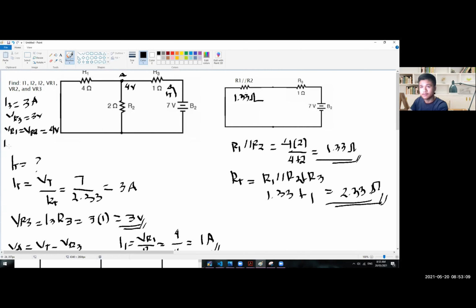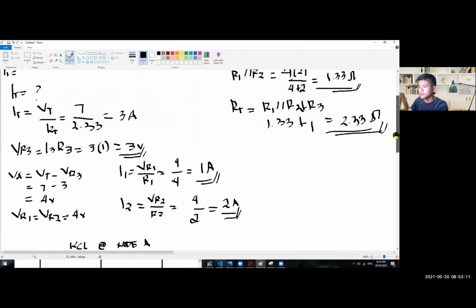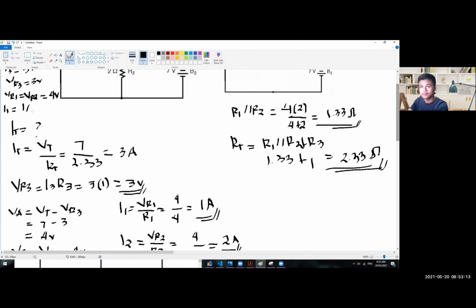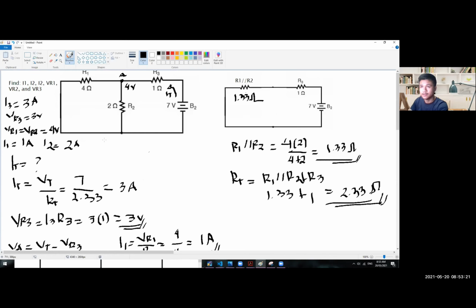We now have the value of I1, which is 1 amp, and I2 is equal to 2 amps. All right, so there you go. We now have answered all of the individual currents and the individual voltage drops.